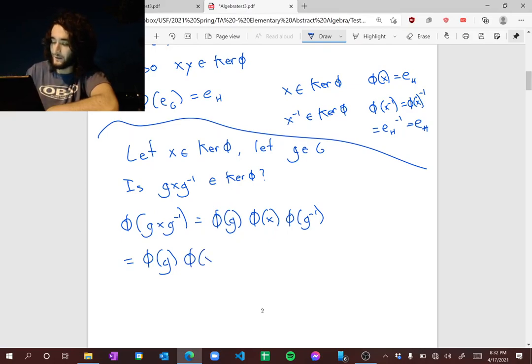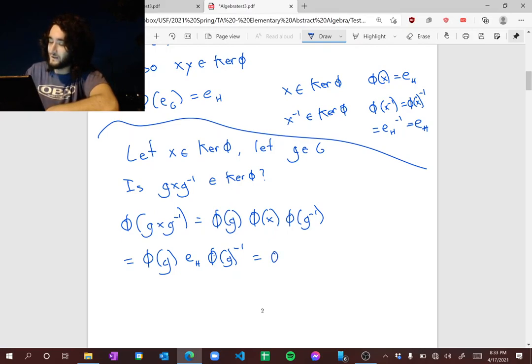And of course I mean E in H, so you can write that for clarity if you like, or you can omit it. Everybody probably knows what you mean. And then finally, phi of g inverse, I don't really know much about that, but I do know that it is the inverse of whatever phi of g was. That's super useful because that E_H in the middle is just like times 1 or plus 0, it doesn't do anything.